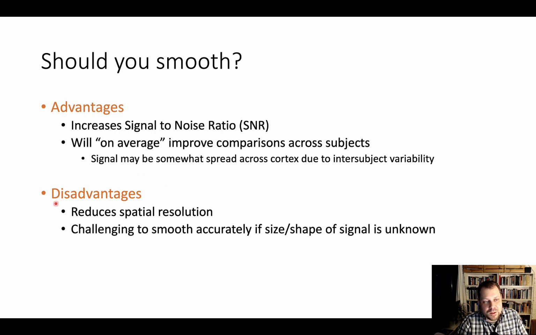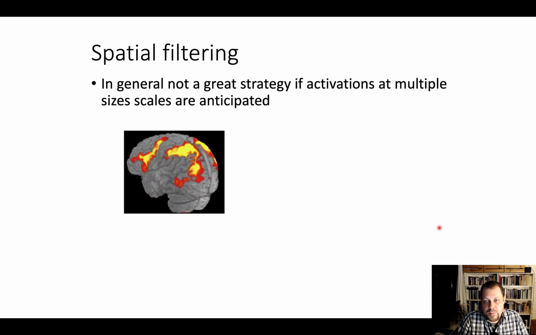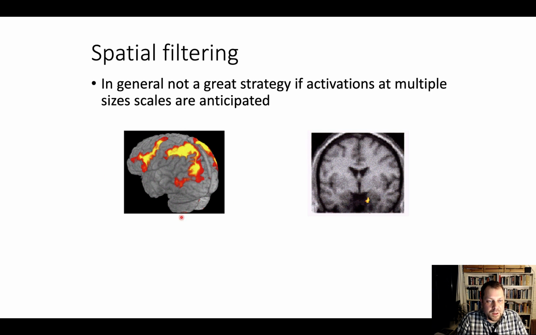The disadvantages are it reduces spatial resolution, and it's challenging to smooth accurately because the size and the shape of the signal is unknown.